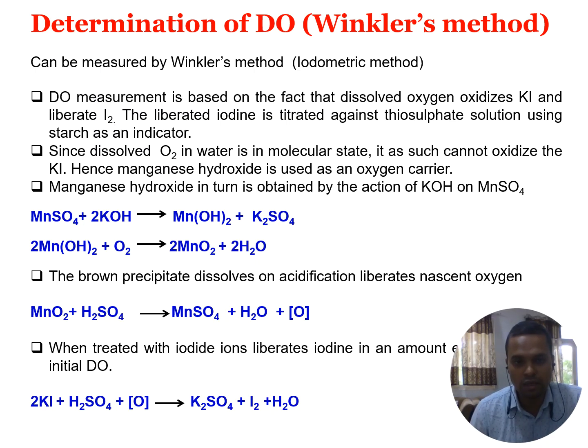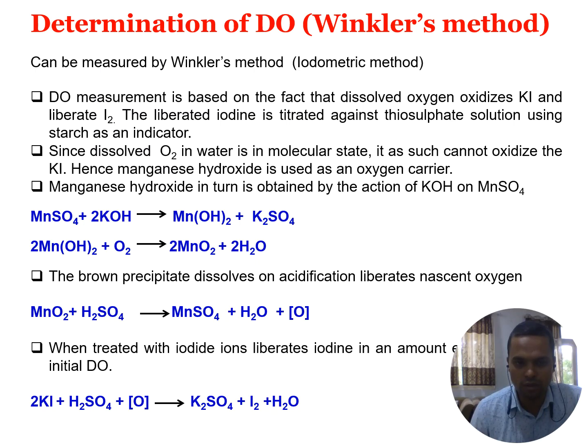The manganese compound is oxidized by the action of potassium hydroxide on manganese sulfate. Manganese sulfate in the presence of potassium hydroxide produces manganese hydroxide, which then reacts with the oxygen to produce manganese oxide and water. This manganese oxide again reacts with sulfuric acid and produces atomic oxygen.